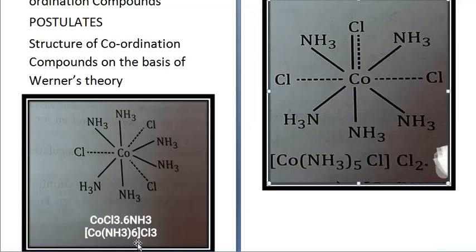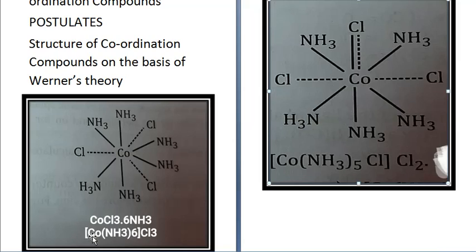They are within the brackets. Within the bracket means that it is non-ionizable. Outside the bracket means it is ionizable. So cobalt is attached to 6 ammonia molecules, so it has secondary valency 6, and 3 chloride ions, so it has primary valency plus 3.